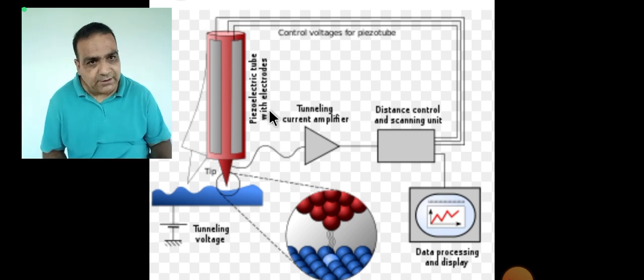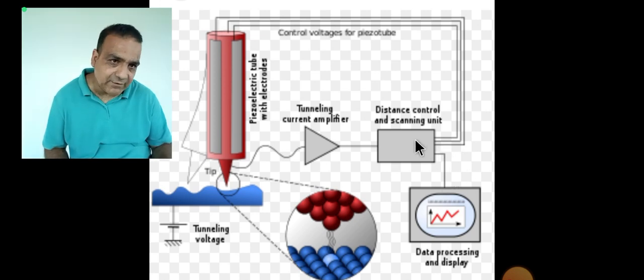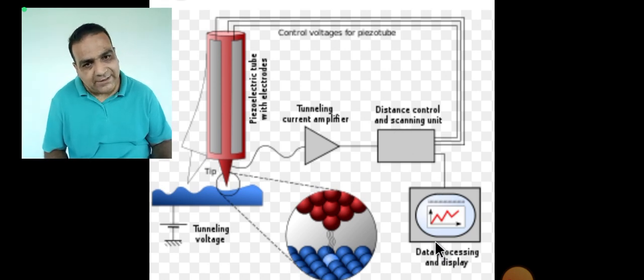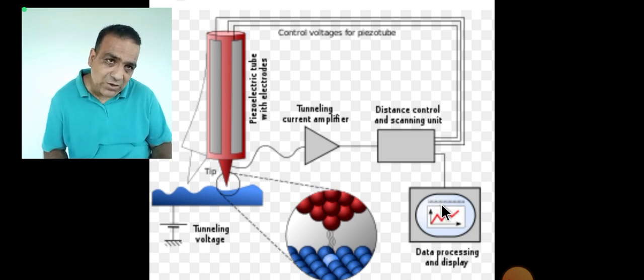The variations in the tunneling current are recorded and used to create a topographic map of the surface. Finally, the scanning tunneling microscope system provides the images; they are processed and displayed on the screen.